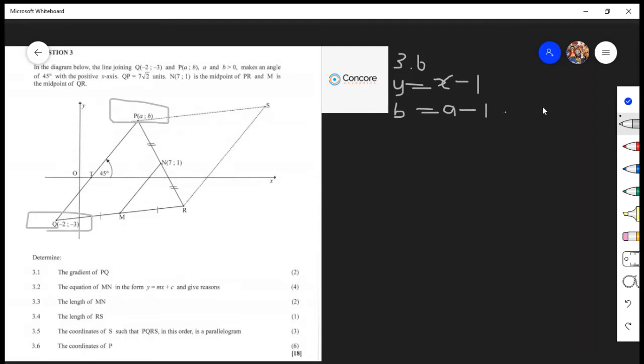Now we need to get our second equation, right? So for our second equation, we're going to use the distance formula since we have the distance of QP.